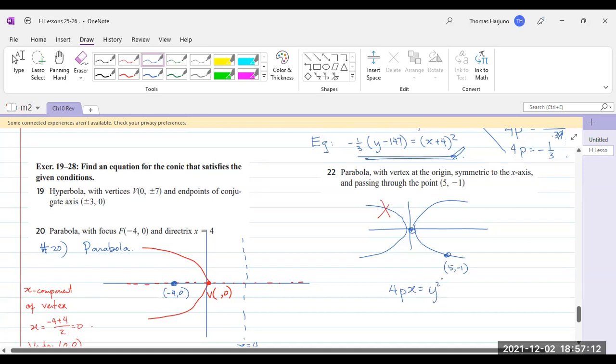The center, or the vertex, is the origin, right? So it must be x and y squared without the plus minus. But we need to find the p. How to do that? Just plug in the coordinates. The center is the origin, and it opens right.